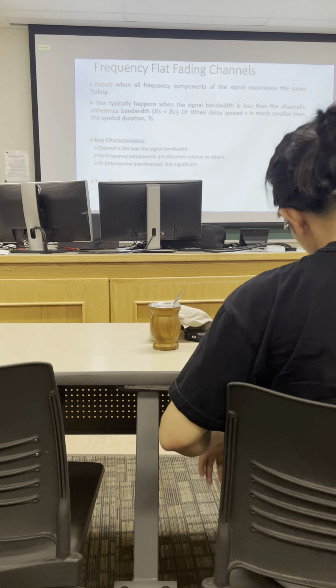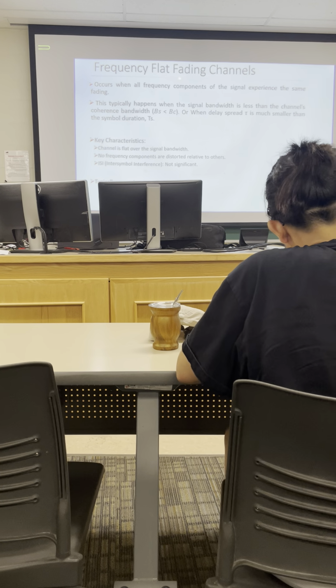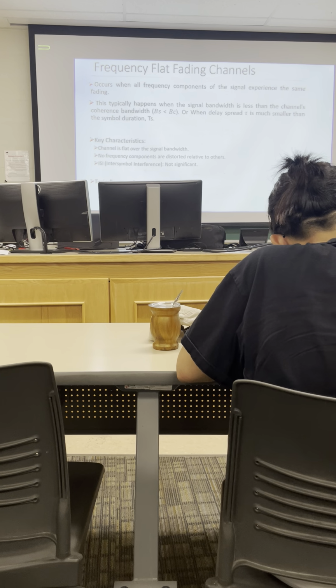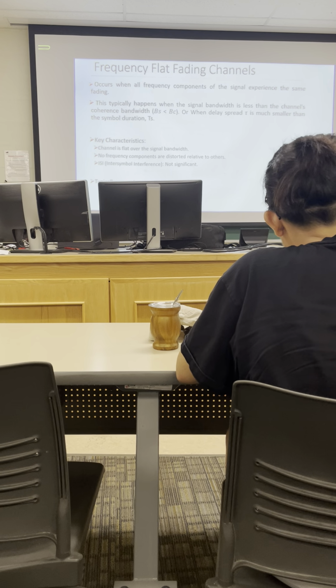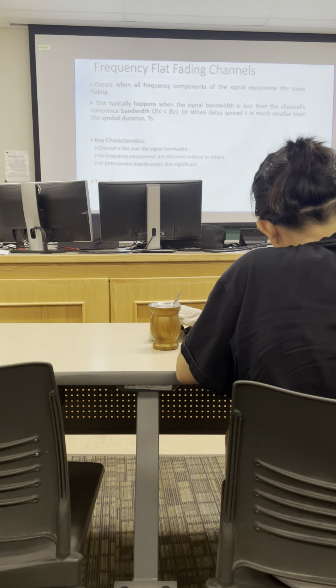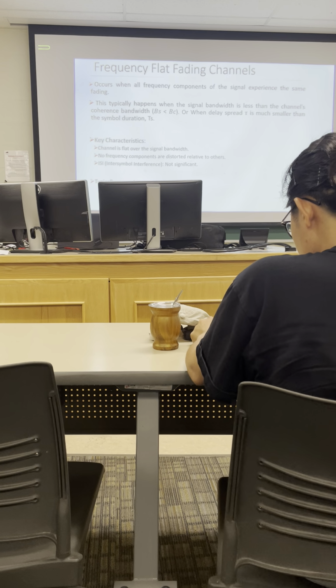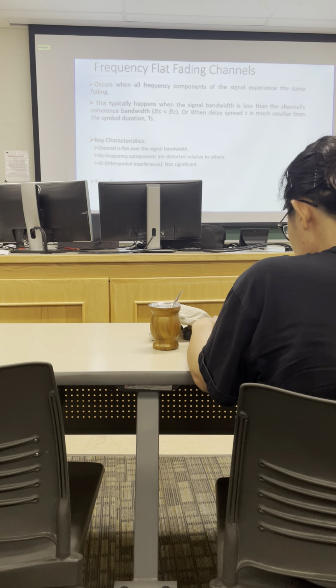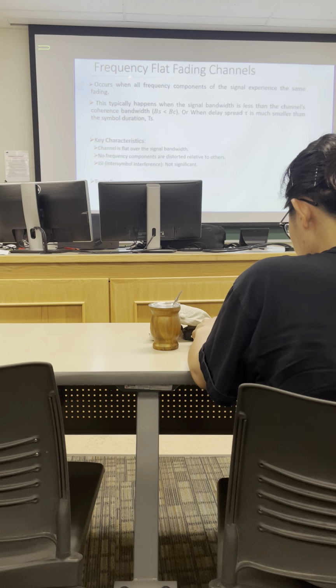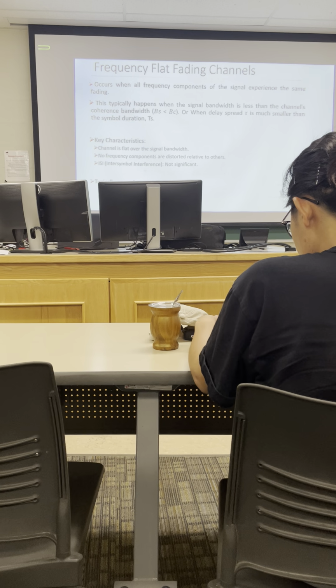Okay, so frequency flat. I'm looking at the frequency domain, right? Remember I have two definitions: coherence bandwidth and coherence time. I said that the coherence bandwidth is the range of frequency over which the frequency behavior can be considered flat, right? And this type is called frequency flat fading.